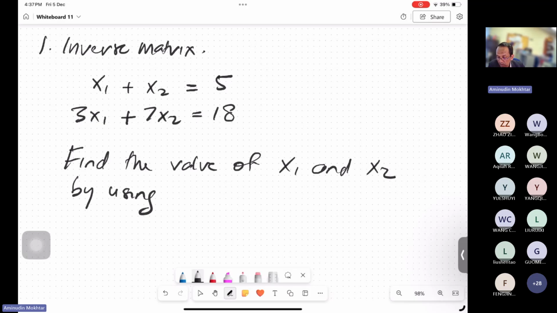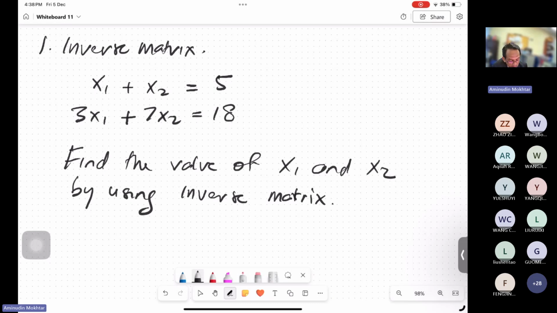What are the values of x1 and x2 that will fulfill these two equations? In other words, we need to find what is x1, what is x2, that satisfy both equations in the system.